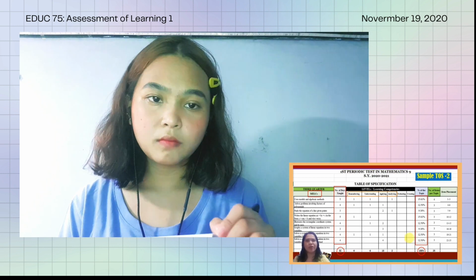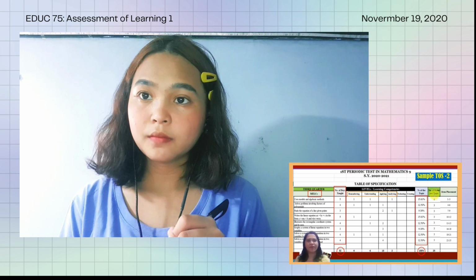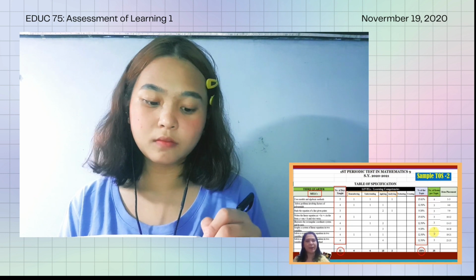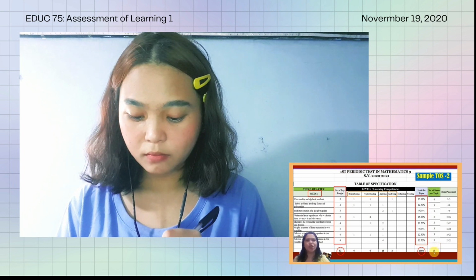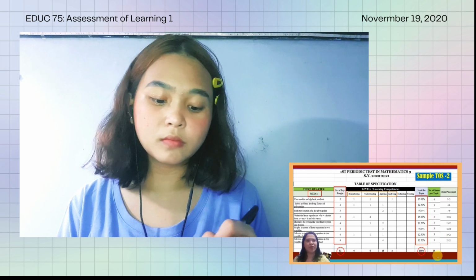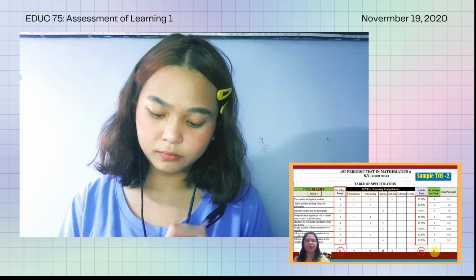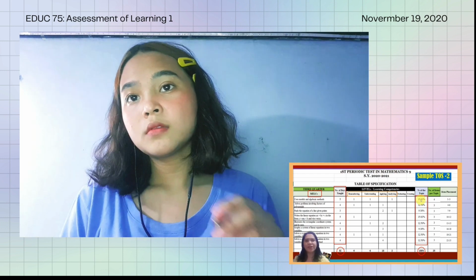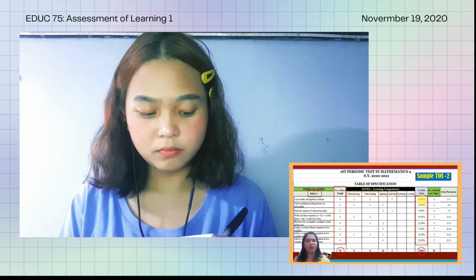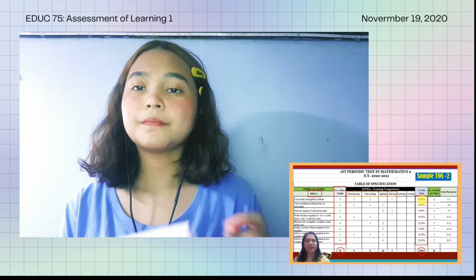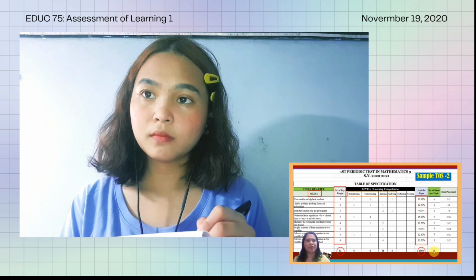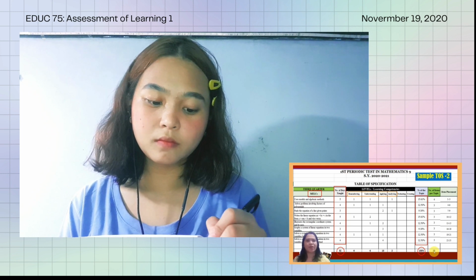Next, we will solve for the number of items per topic. This time, you need to decide first the total of number of items or questions that you want to construct. For topic 1 in this example, we have 25. We first convert 15.63% to decimal, making it 0.1563, then multiplied by 25, which is the total number of items.